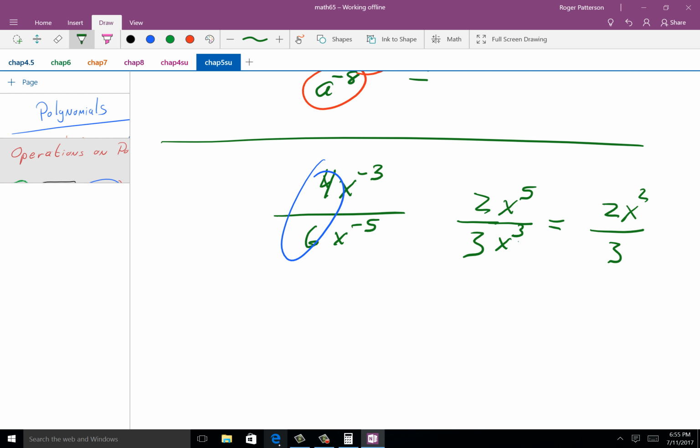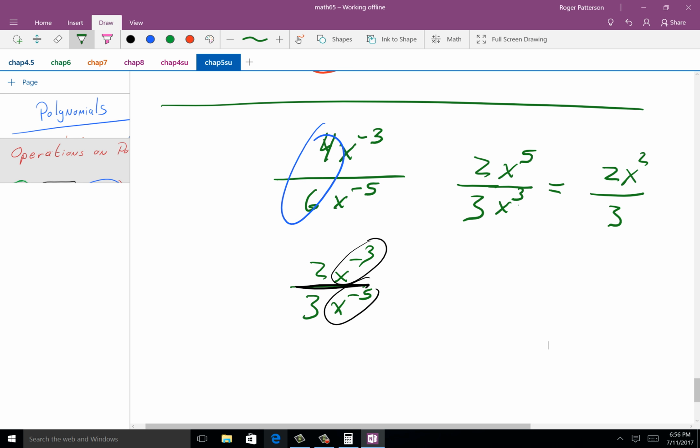Okay, that's one way of doing it. The other way, you're still going to reduce that fraction, is to use your properties of exponents that says when you divide, what do you do with those exponents? What are we going to do with the exponents if we divide them? Remember? Subtract. So if we take negative 3 and subtract a negative 5, it becomes a plus.